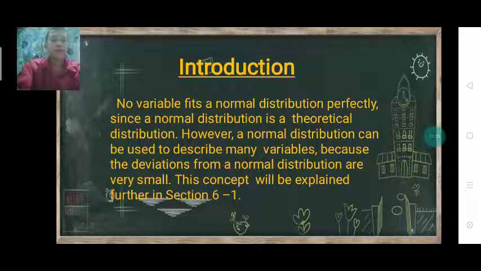No variable fits a normal distribution perfectly, since a normal distribution is a theoretical distribution. However, a normal distribution can be used to describe many variables because the deviations from a normal distribution are very small. This concept will be explained further in Section 6-1.